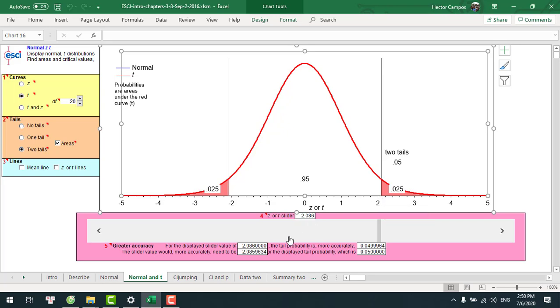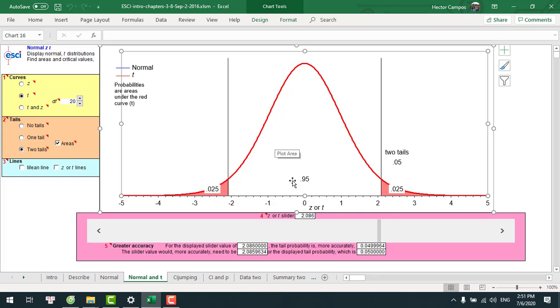And as you can see in this case, the critical value now is going to be 2.086. So if I have 20 degrees of freedom, in other words, if I have 21 pieces of data, I am going to have a critical value of 2.086.